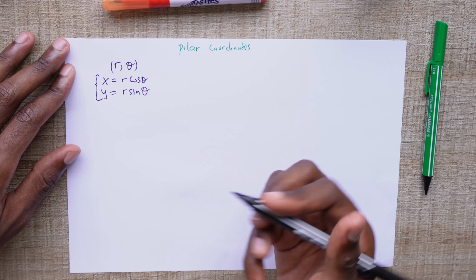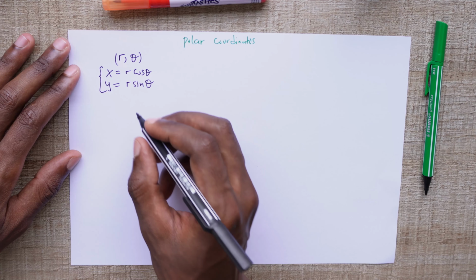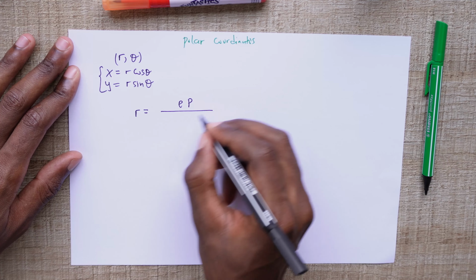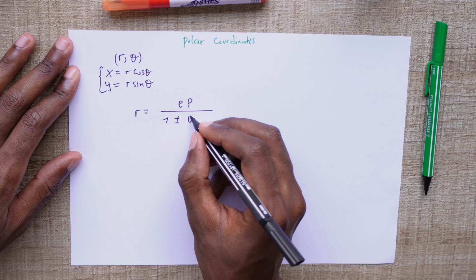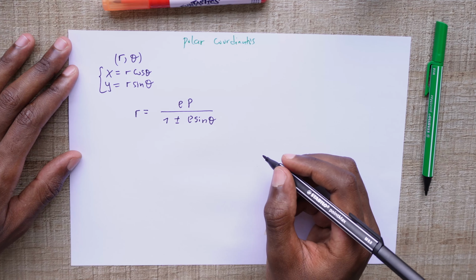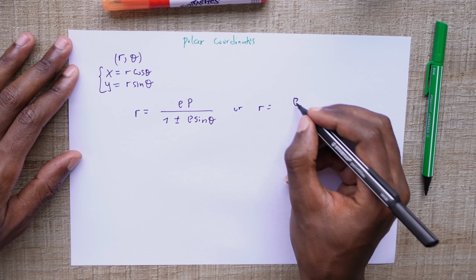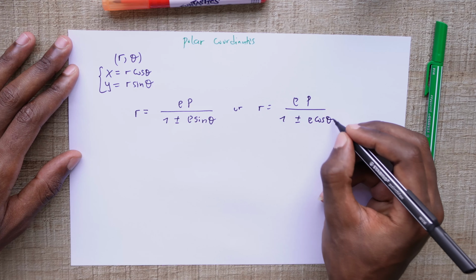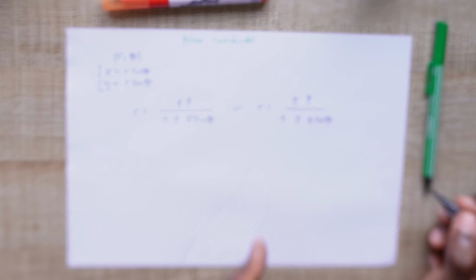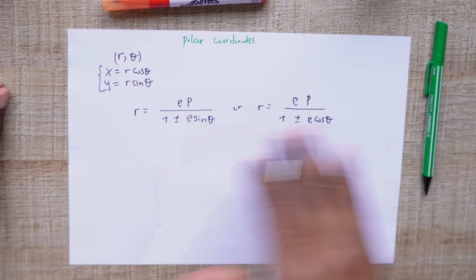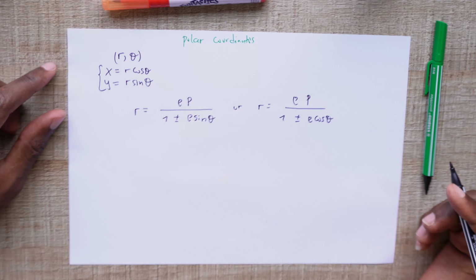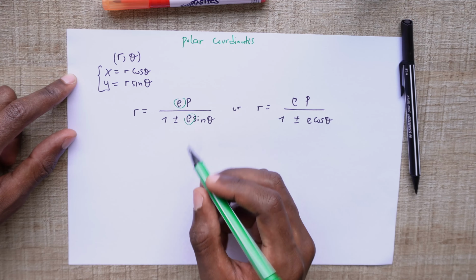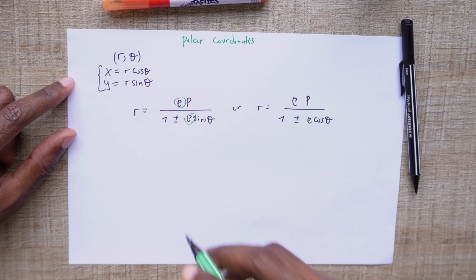And we can show that, in general, the conic sections have as polar equation r equals eP divided by 1 plus or minus e sine of theta, or you can also have cosine of theta. It just depends on how the axis of your conic section is oriented. You can have the main axis parallel to the y-axis, or parallel to the x-axis. In any case, you need to determine the eccentricity in order to know which exact conic section you're dealing with, as we defined earlier.